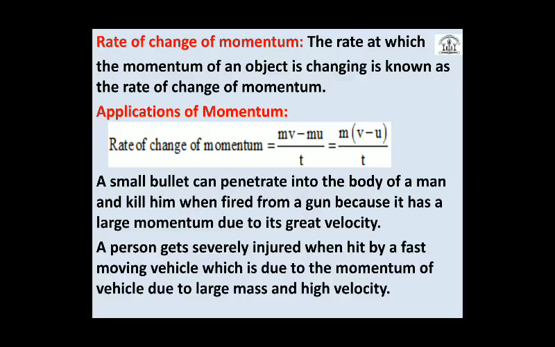So there you could see two objects, the bullet is one object and the rifle is another object, and both experience a momentum. We are going to explain this by using Newton's second law as well as the third law. So in the next session we'll be dealing with Newton's second law. Thank you.